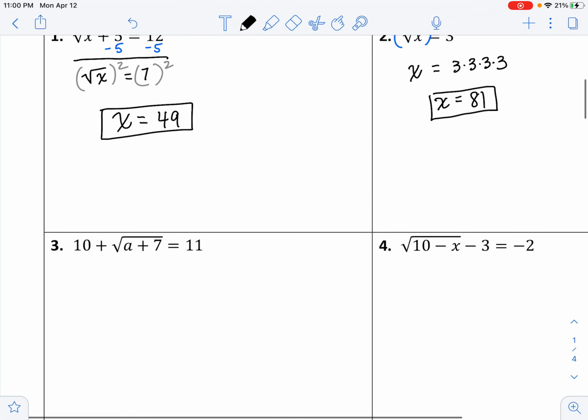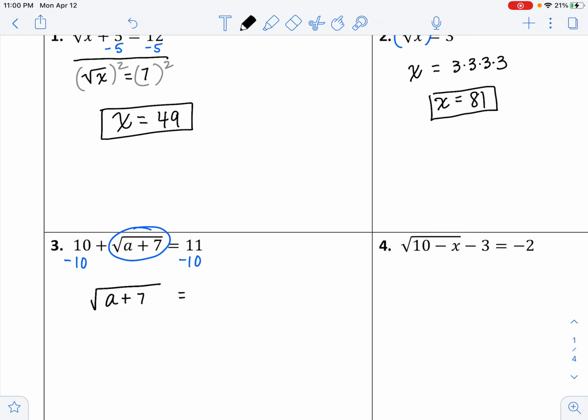All right, in our next problem, we need to subtract 10 from both sides to get our radical, square root of a plus 7, by itself. So when we subtract 10 from both sides, we're going to get square root of a plus 7 equals 1.